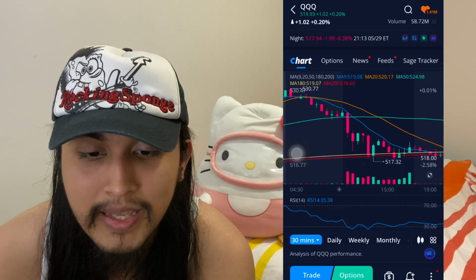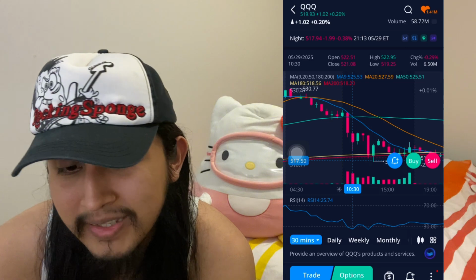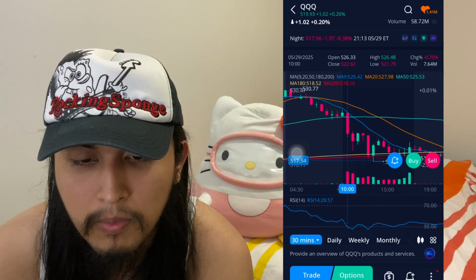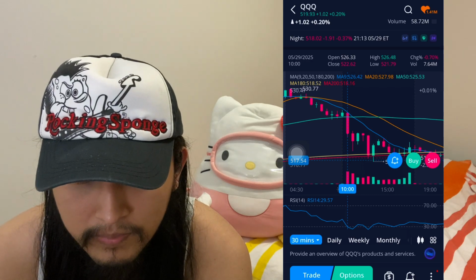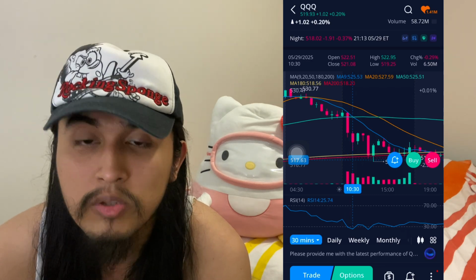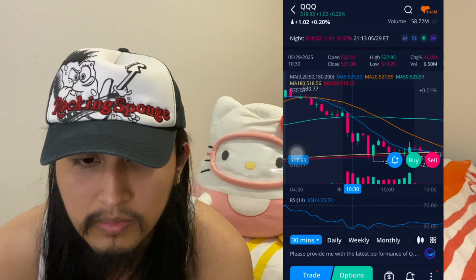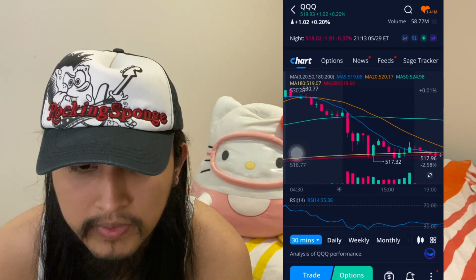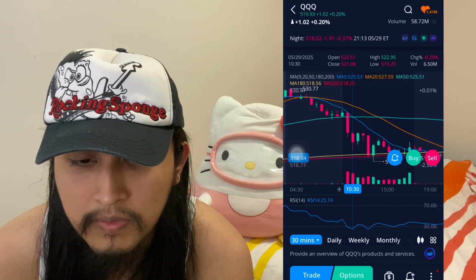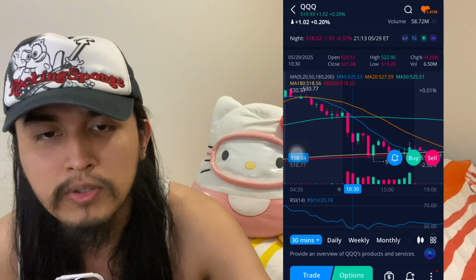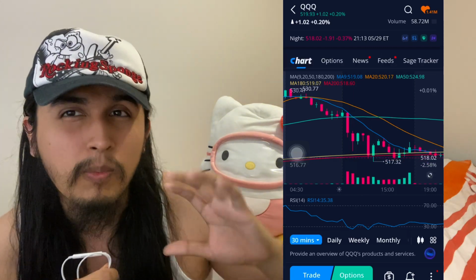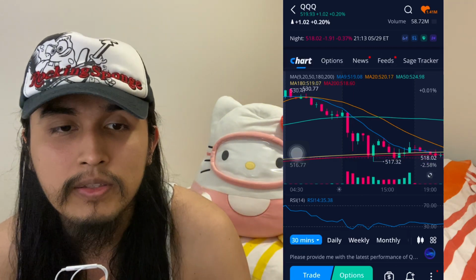If that does happen, my next selling point would be the 50-day moving average. I'm going to wait and see if it can approach the 50-day moving average, and once it lands on it, I'm selling out the position and moving on to the next trade. So that's a way you can manage your risk tolerance level too.